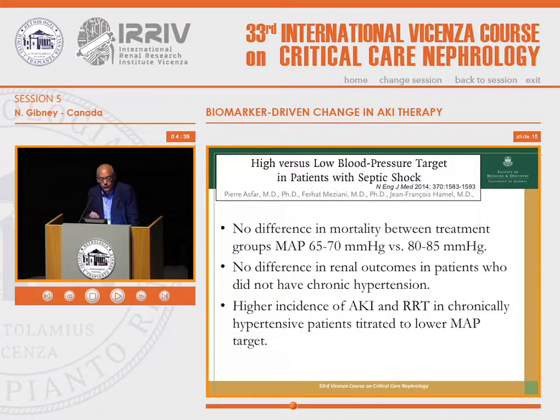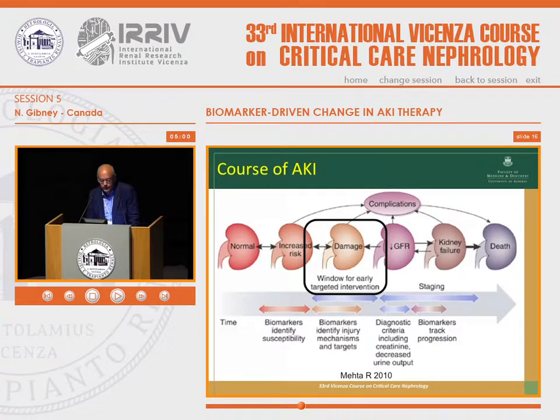So while there was no difference in mortality between the groups, there was no difference in renal outcomes in the groups that were not previously chronically hypertensive. There was a very significant difference in those that were hypertensive and were randomized to a lower blood pressure. And in this situation, we need to use blood pressure as a biomarker, both retrospectively and ongoing, as to how we should manage our patients.